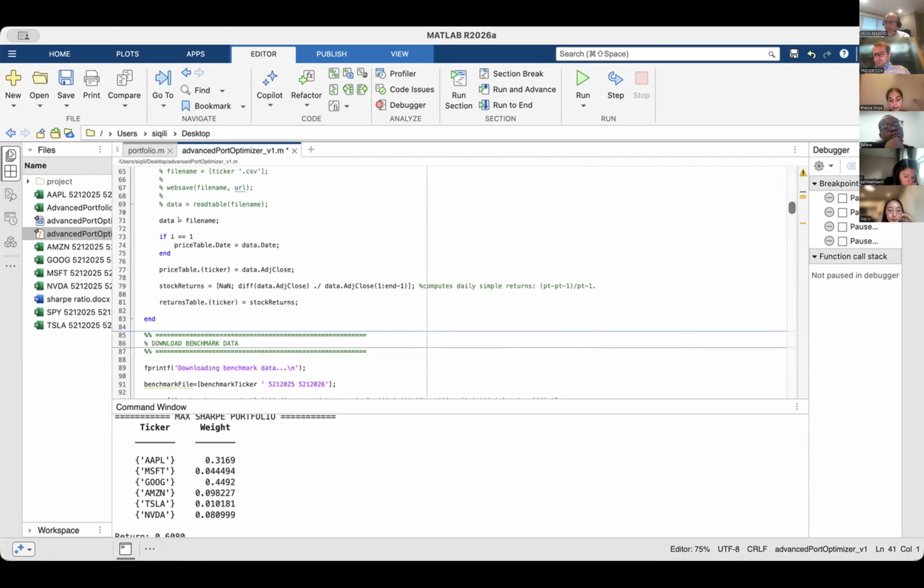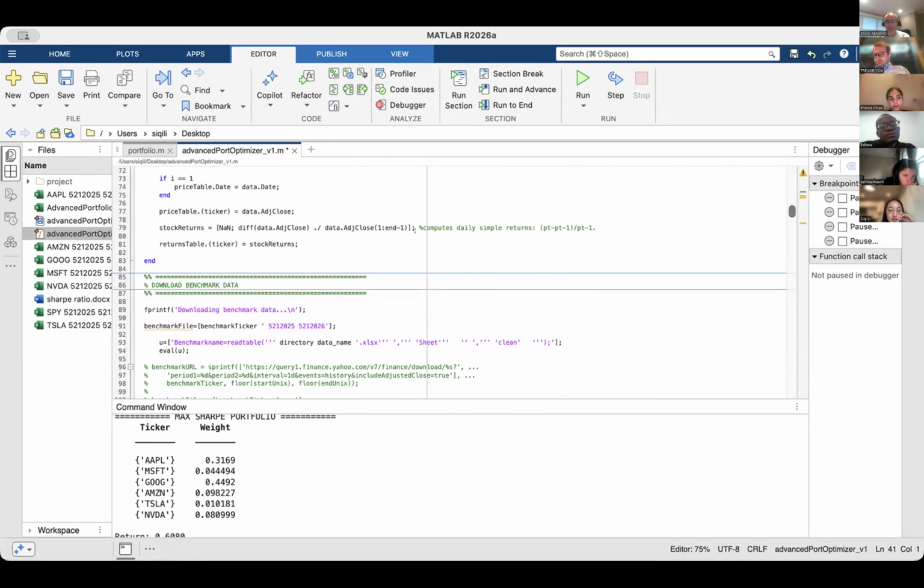Besides, there is another important variable, the stock returns. This is simply calculated by this formula, which uses today's price minus yesterday's price and divides it by yesterday's price.